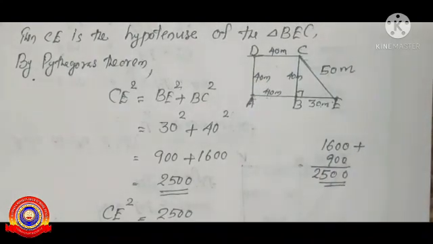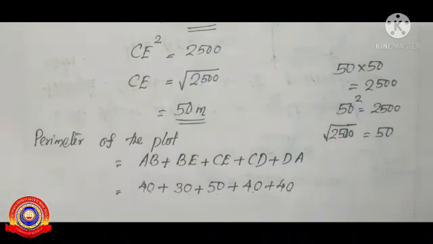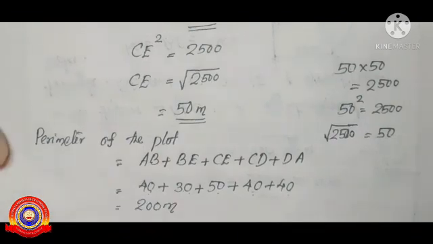So 40 plus 30, 70. 70 plus 50, 120. 120 plus 40, 160. 160 plus 40, 200. So the perimeter of the given plot is equal to 200 meter.